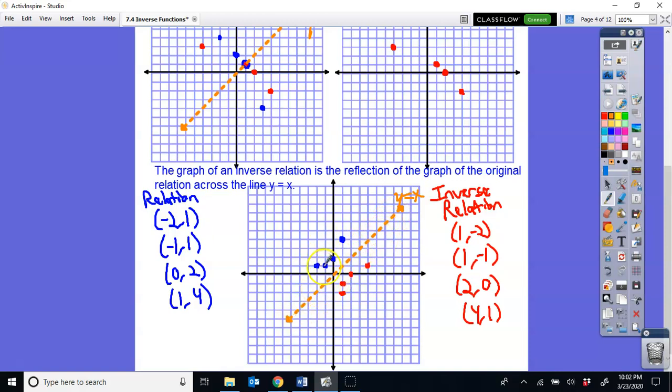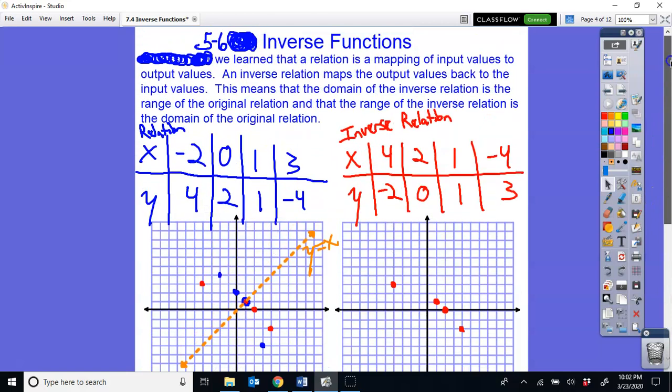So anything that's on this side flips over to here. It's a mirror image. But anything on the other side, if it was on this side, it flipped to here. So an inverse relation is taking an original relation, inputs and outputs, and switches the x and y.